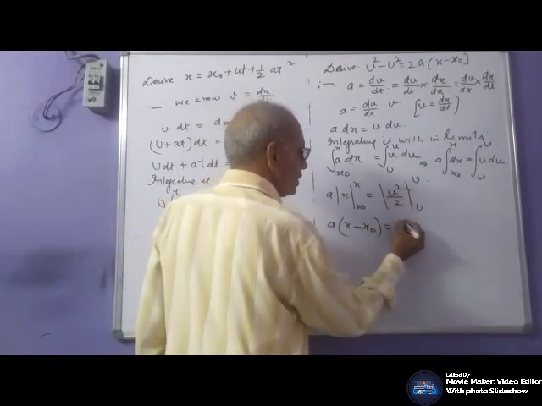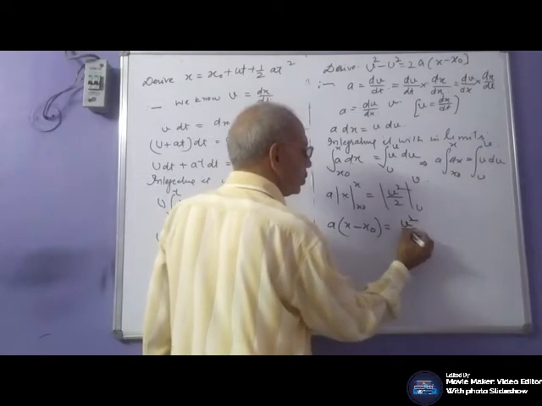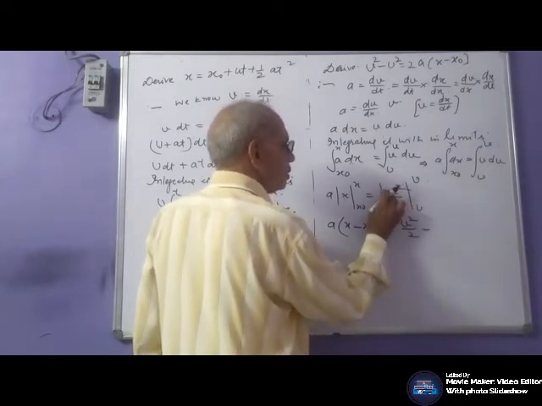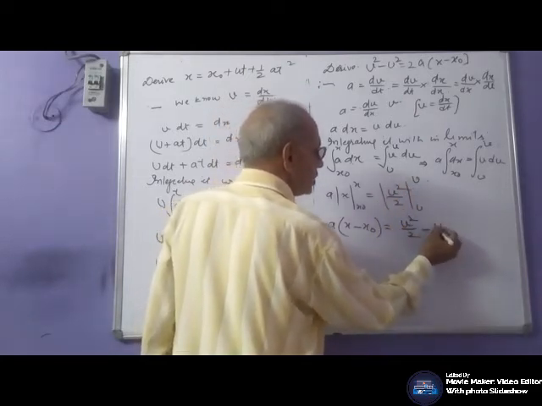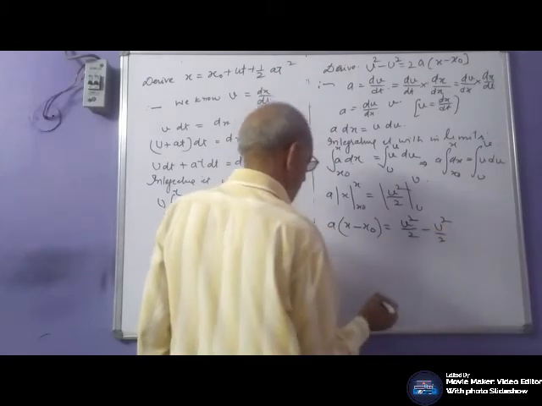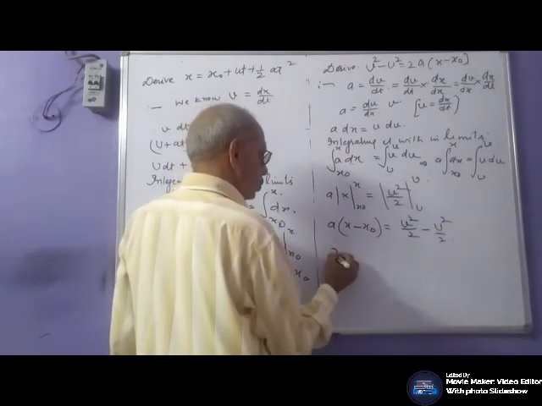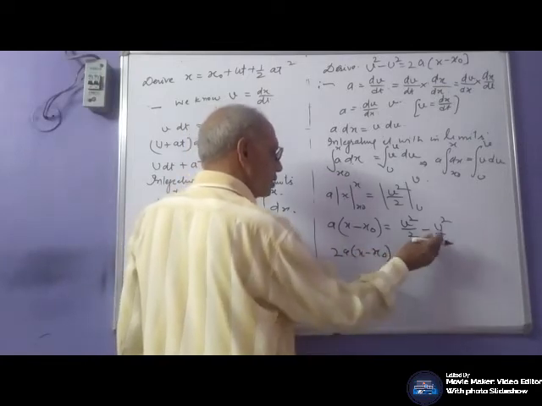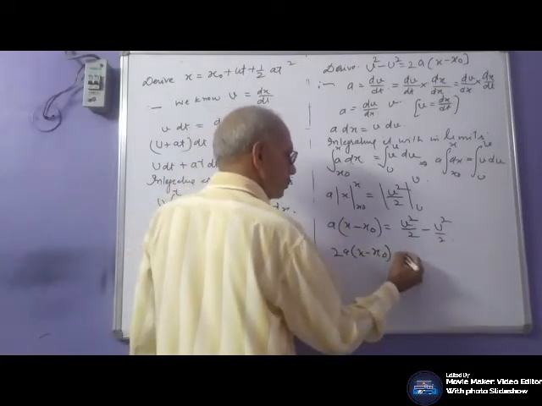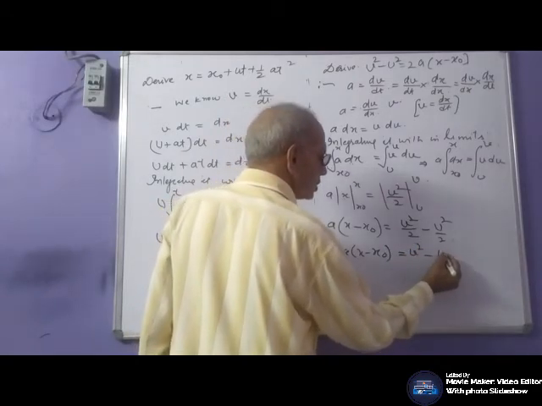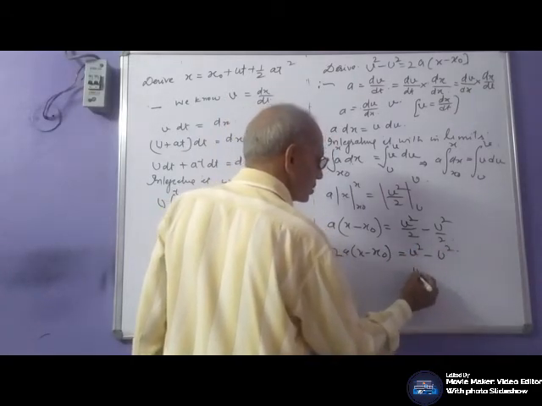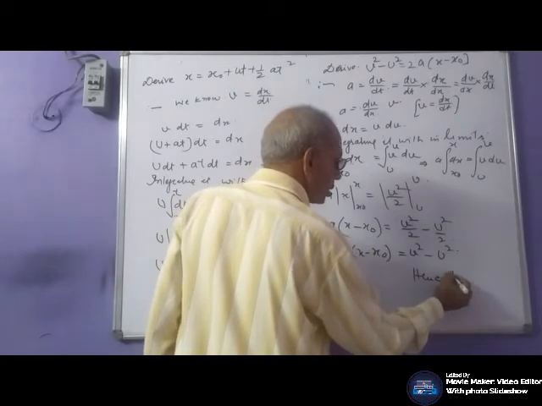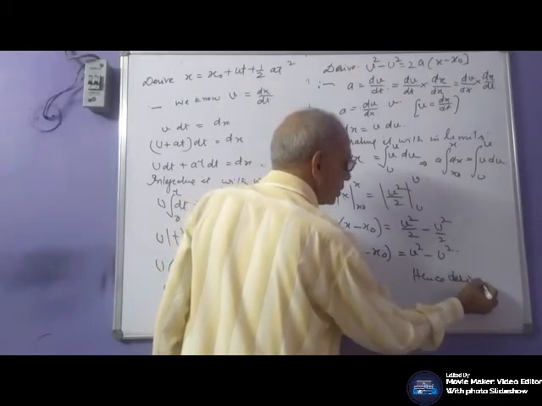Value of v is v square by 2 minus value of v is u square by 2, it is 2a x minus x naught. 2 LCM इधर ले आए हम, v square minus u square. Hence derived.